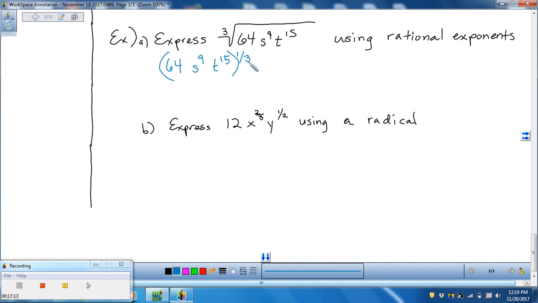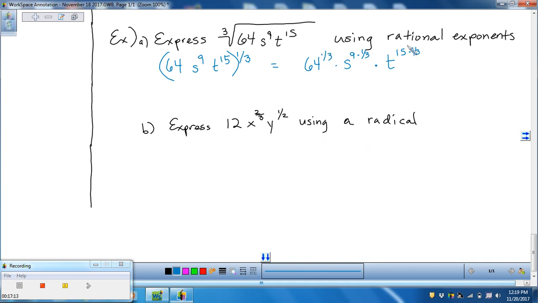Our root, remember, is our denominator on our rational exponent. And then we're going to use the power of product property. So this is equal to 64 to the 1/3 times s to the 9 times 1/3 times t to the 15th power times 1/3 power.